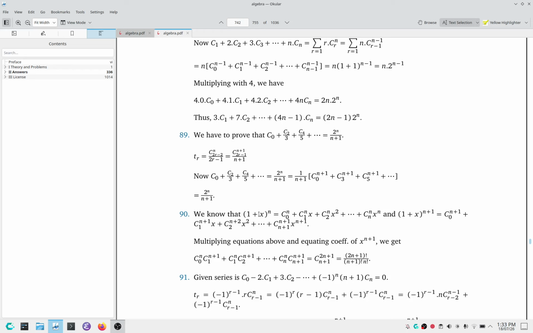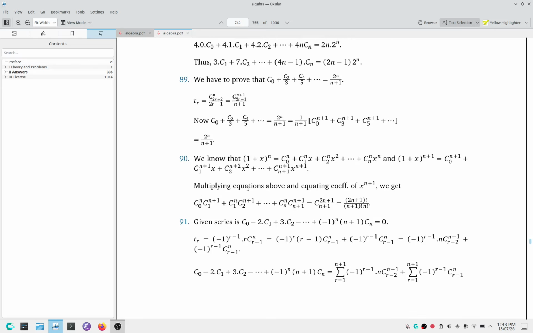So we know that this expansion we have and this expansion we have, which we multiply and equate the coefficient of x to the power n plus 1, we get nC0 times n plus 1 C1 plus nC1 times n plus 1 C2 and so on up to nCn times n plus 1 C n plus 1. That is equal to 2n plus 1 C n plus 1, which is equal to (2n plus 1) factorial upon (n plus 1) factorial times n factorial. And with this, we come to the end of 90 problems.